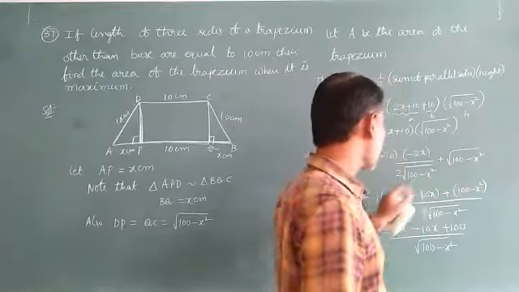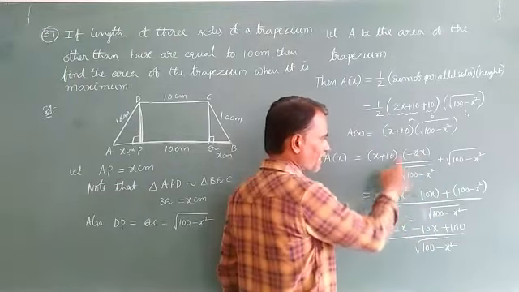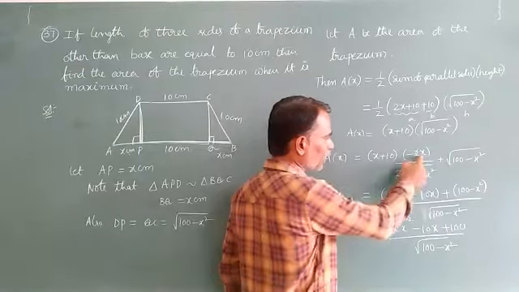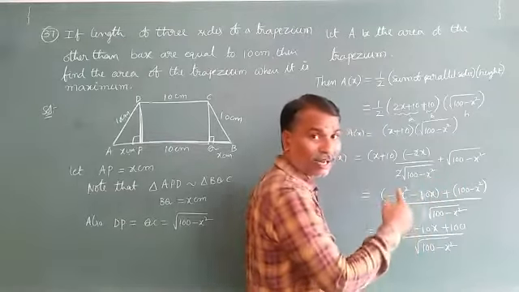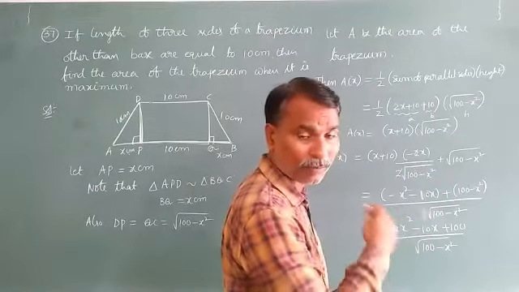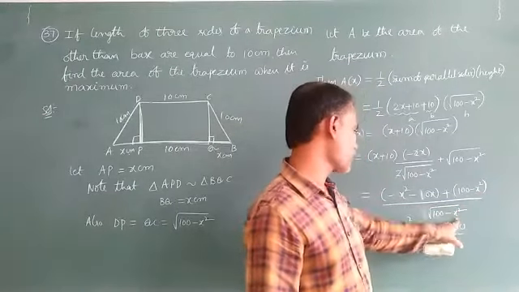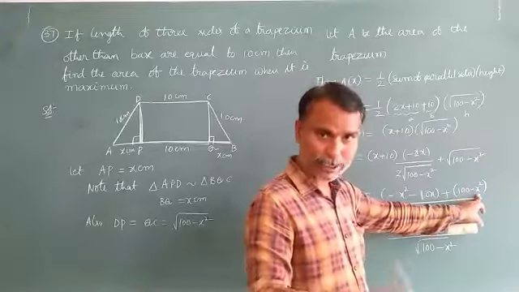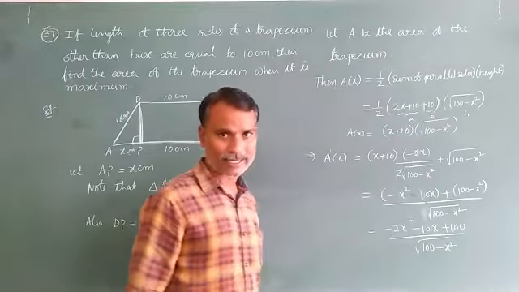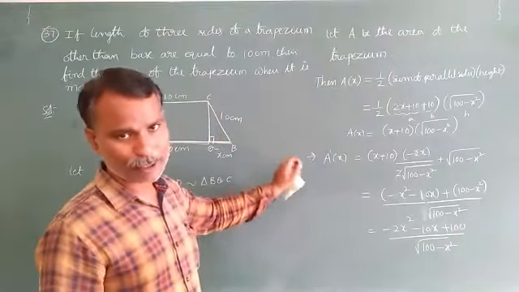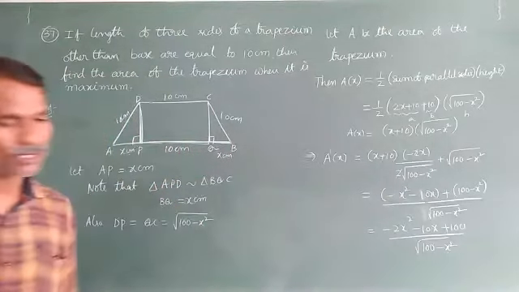Simplifying, you get minus 2x square minus 10x plus 100 by square root of 100 minus x square. This is only the first derivative of the function. Let us continue; first note this down.